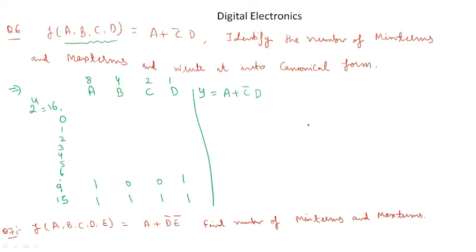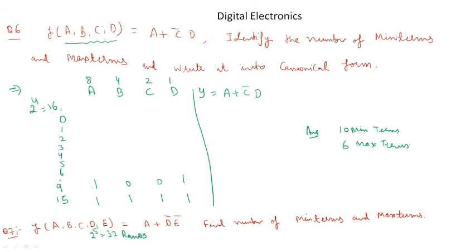Here I can give you the answer. This expression will have 10 min terms, and it will have 6 max terms. Similarly, you can solve the next problem, where you have the 5 variables A, B, C, D, E. So here there will be 2 to the power 5, meaning 32 rows.